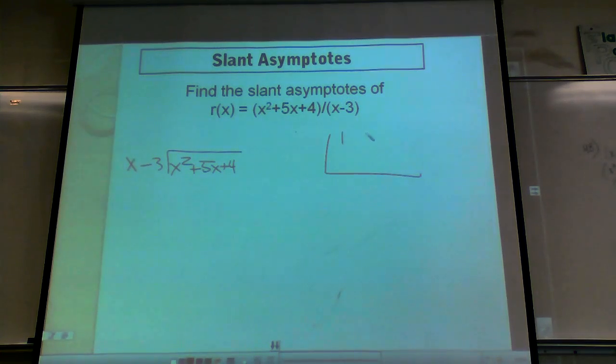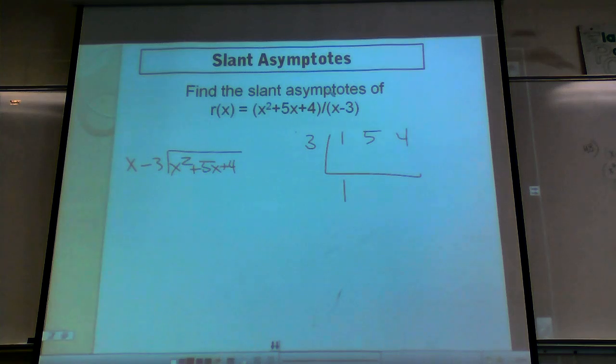Just make sure that when you do it, you change positive to negative and negative to positive when you pull it out, because you're dealing with zeros and x's. I would divide until I got those first two numbers. That's all I need.